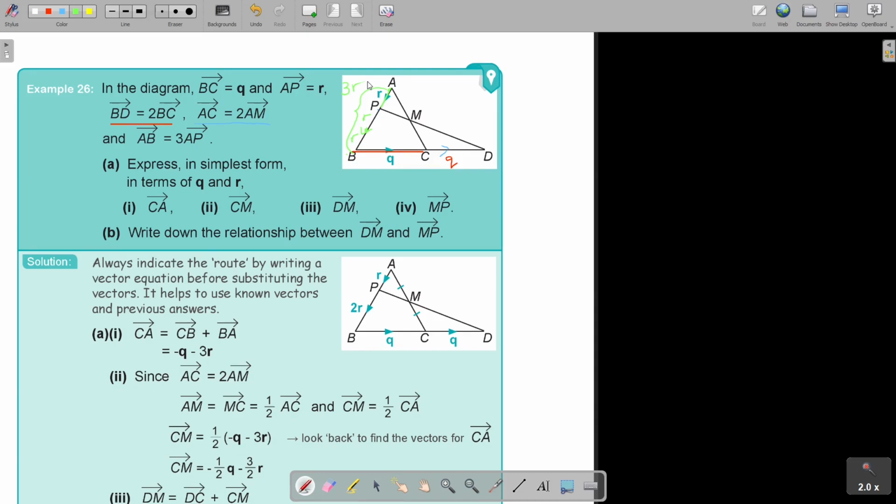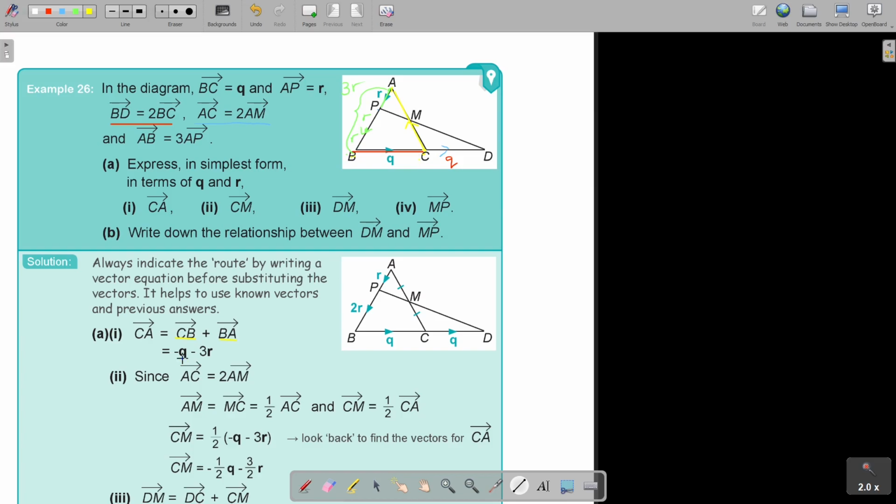If you look at CA there, you must start where I start and end where I end, but take a longer route and find first that route. So you're going to go from C to B, and then from B to A. First write down that. That's very important. C to B is the opposite direction, that's why it's minus Q.